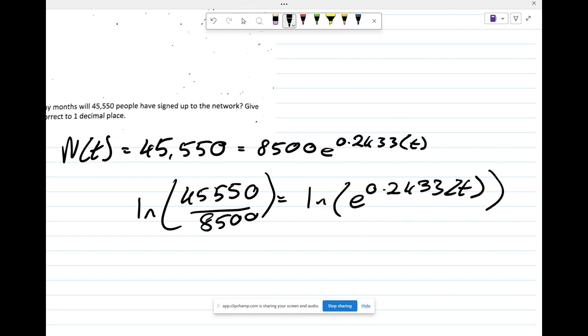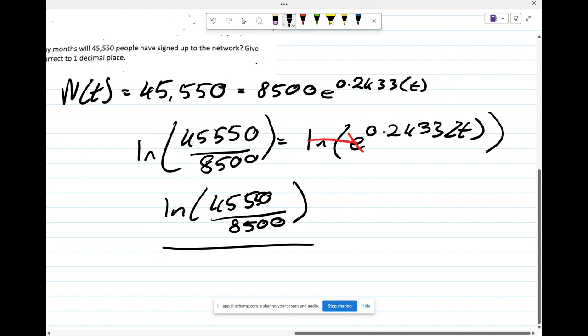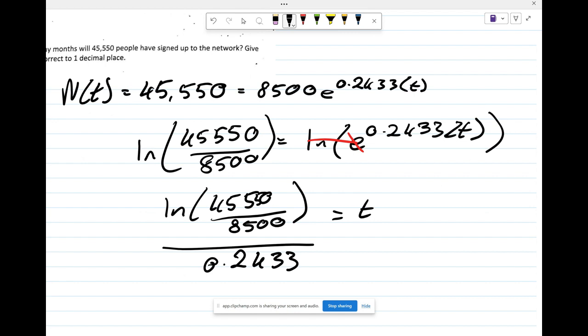Ln of this, so those are going to cancel. And then we're going to get ln of this over 0.2433, and that's t. And whatever many months that is, I don't know, let's just pretend, call it 18 months. That is your final answer.